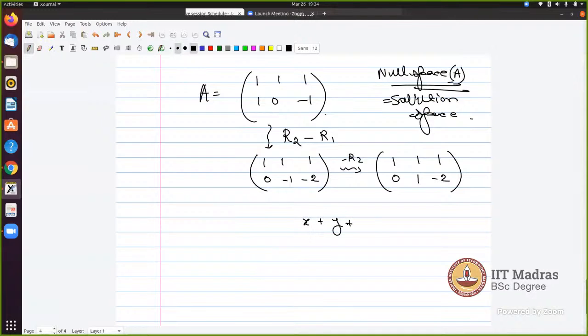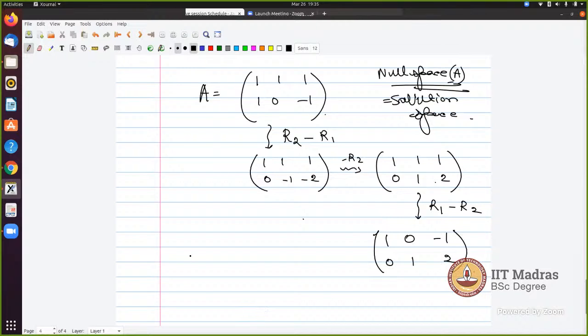So what does it mean? x plus y plus z equals 0, and if I do R1 minus R2, I will get 1 0 minus 1, 0 1 2.